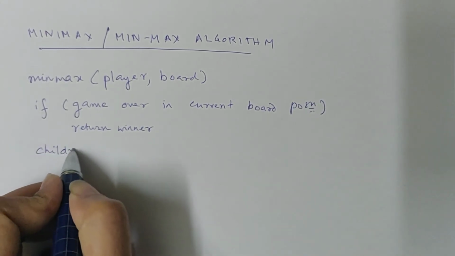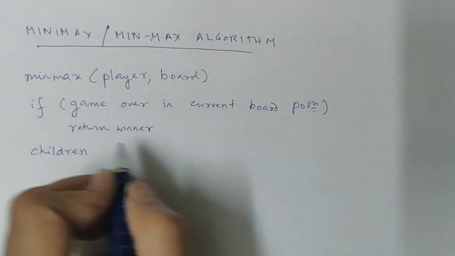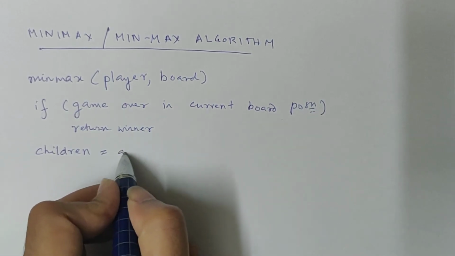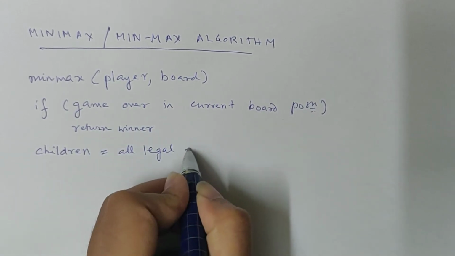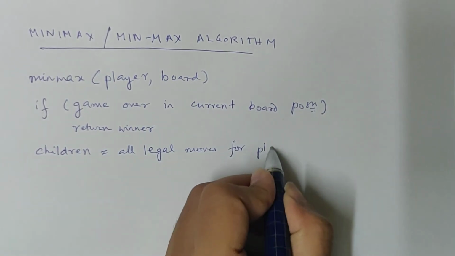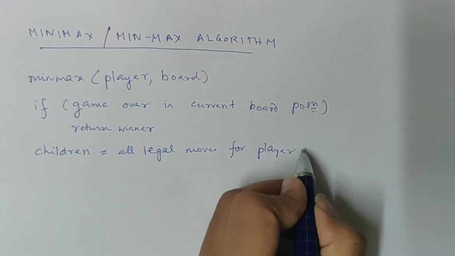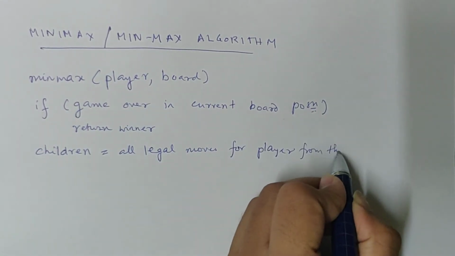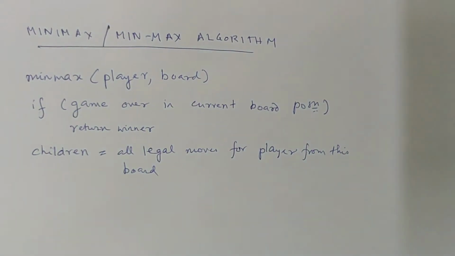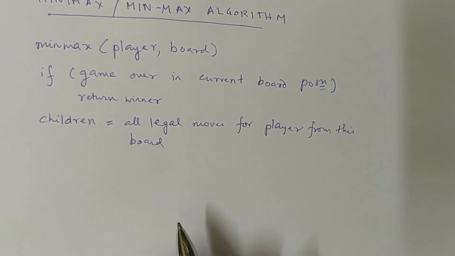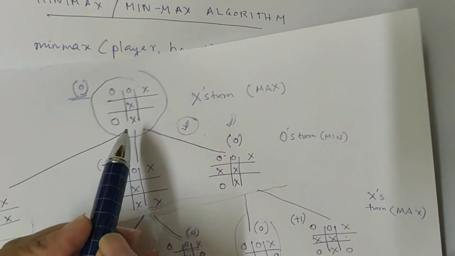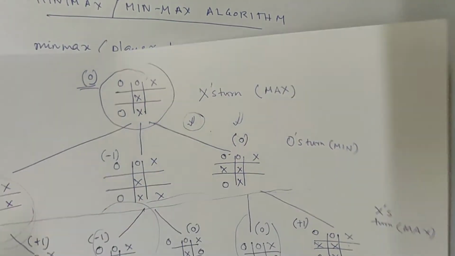If that is not the case, it will not go into the if statement. So generate all the children, equal to all legal moves for the player which has been passed, from this board. The board state has also been passed to the algorithm. We have actually done that. You remember, we expanded the children.